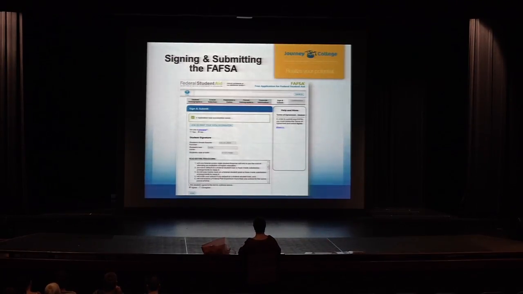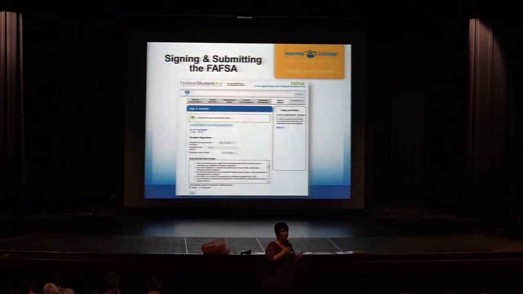I don't have much on that. Let's look on page 28. There are some documents that you'll need to make sure that you have on hand in order to complete the FAFSA. On page 28, there are two green columns.